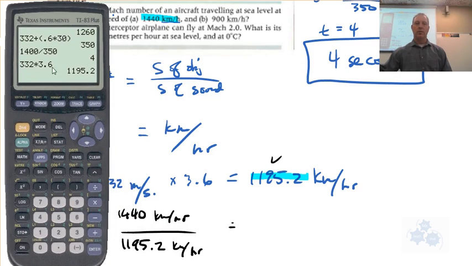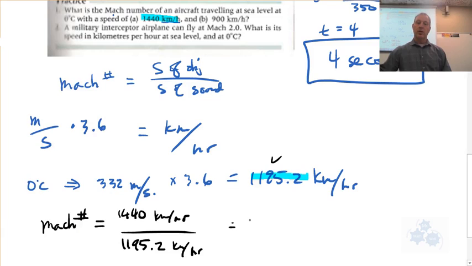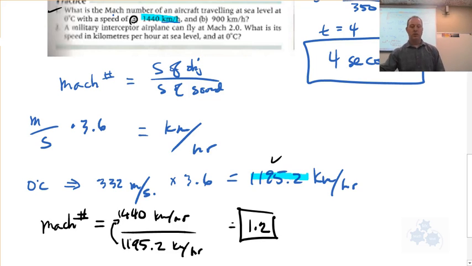And so 1440 divided by the answer that we just got is 1.2. So did anyone get 1.2 for a Mach number for 1A? Mach 1.2. So that makes sense, right? We are a factor of 1.2 above the speed of sound. So 1440 versus 1195, about 1.2 times.